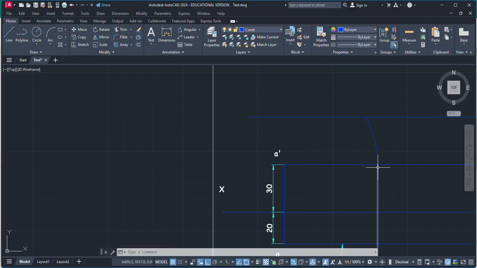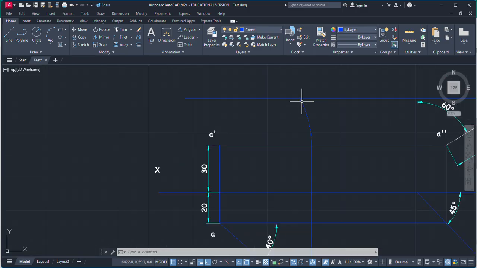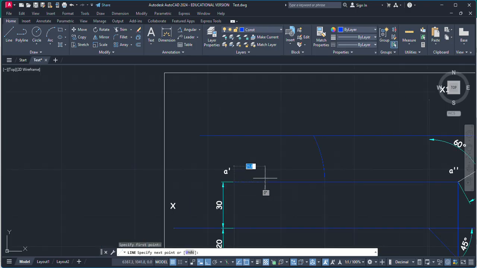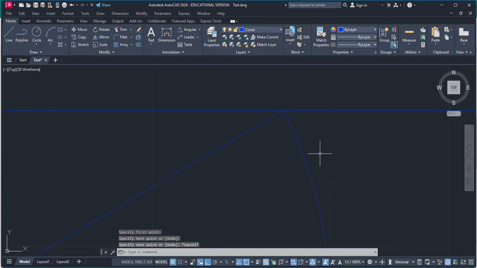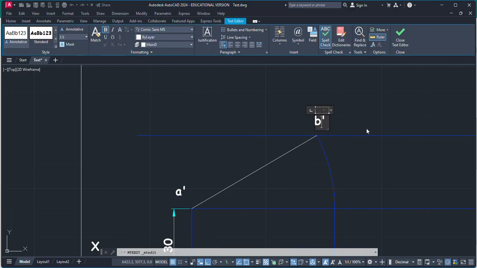This point of intersection, we have created an arc which will intersect with this locus. This is drawn with the help of this true line. So true line in top view gives apparent line in front view. Just connect these 2 points, A dash and this intersection. So this is our apparent line in front view, and the end point is denoted by B dash.